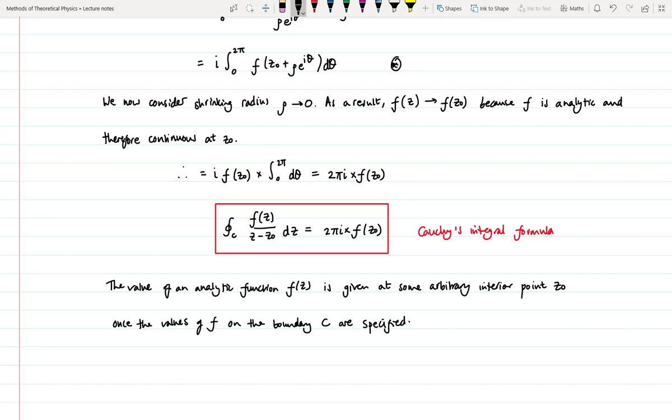This is an amazing non-local property of complex analytic functions.